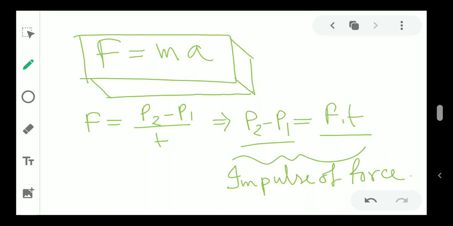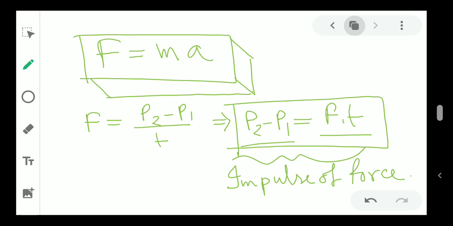So that is given by P2 minus P1, the change in momentum, which is equal to your force into time. Now, because Newton has done this wonderful job, the SI unit of force is Newton. Okay, fine.